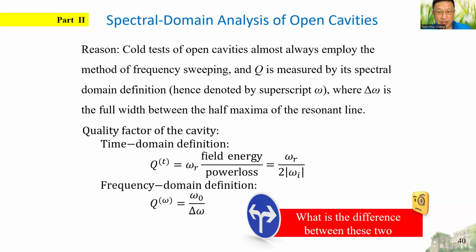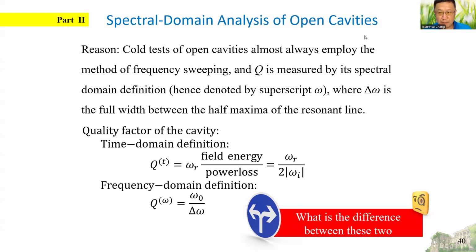The reason is that tests of open cavities almost always employ the method of frequency sweeping. When we test an open cavity, we always inject a signal and change the frequency step by step, one frequency at a time.